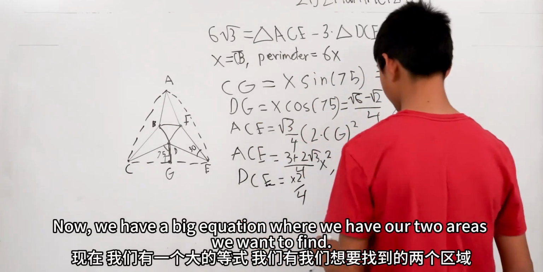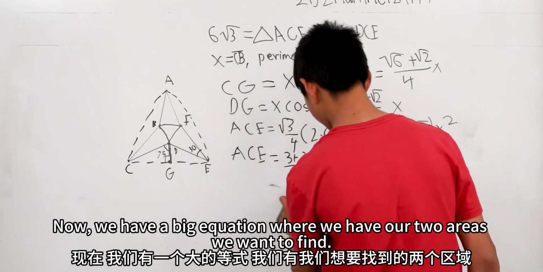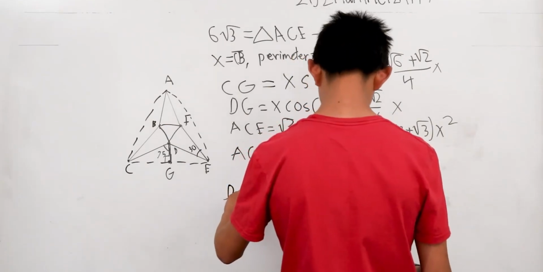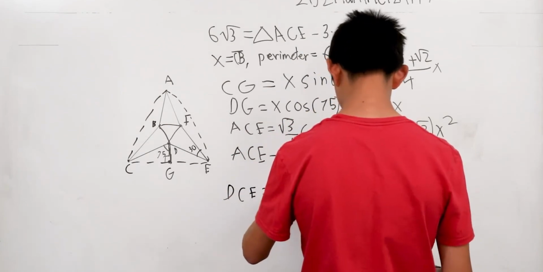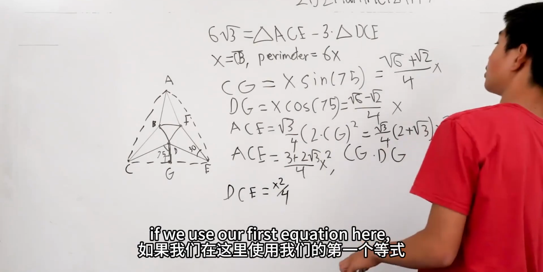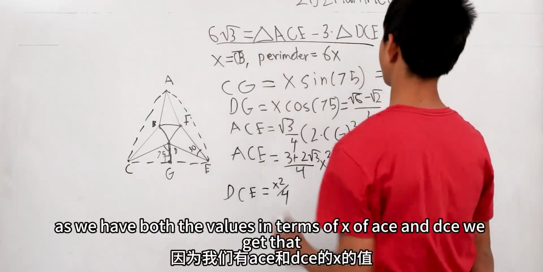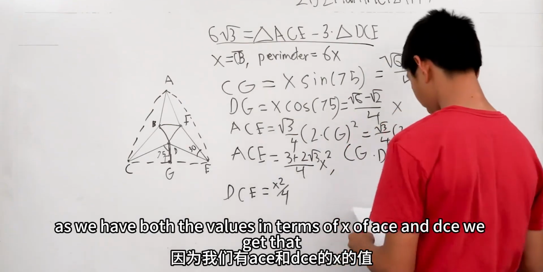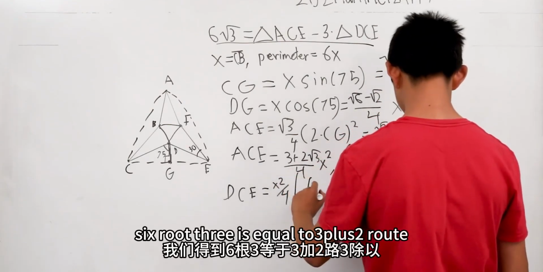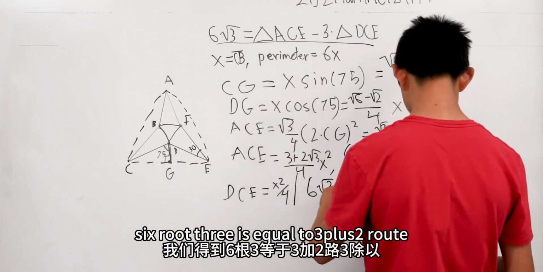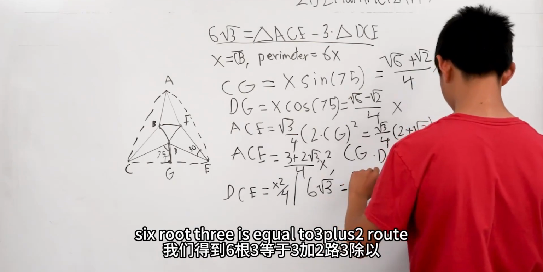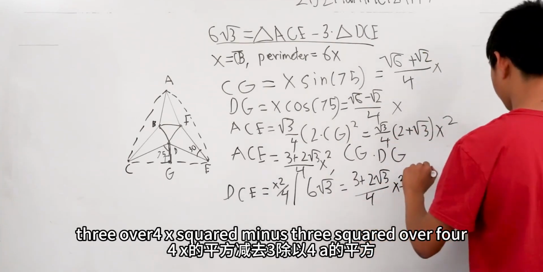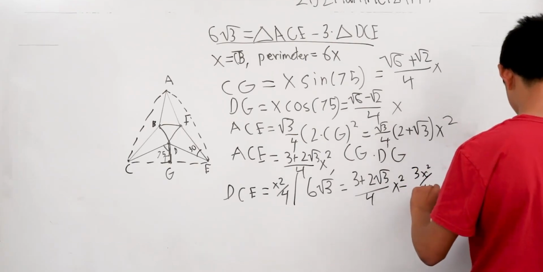So now we have a big equation where we have our two areas we want to find. If we use our first equation here, as we have both the values in terms of x of ACE and DCE, we get that 6 root 3 is equal to 3 plus 2 root 3 over 4 x squared minus 3 times x squared over 4.